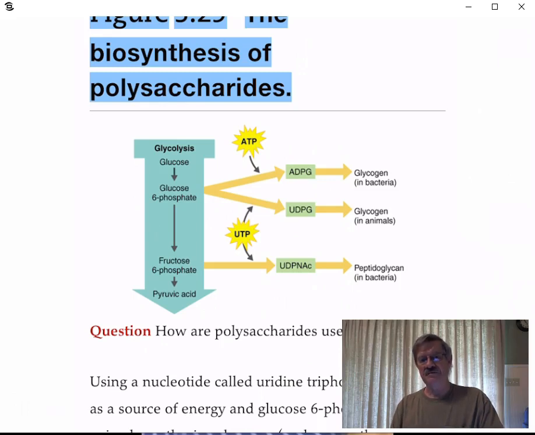It consists of adenine, ribose sugar, which makes the adenosine, but adenine, ribose sugar, and then 3 phosphates. Well, down there at the bottom, we have another base, one that we have in RNA, uracil. Uracil, ribose sugar, and then 3 phosphates.